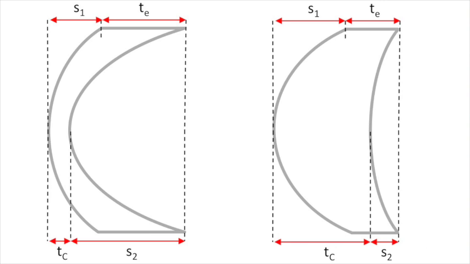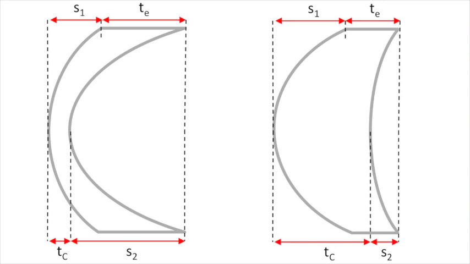But if you look, we can see the relationship between the sag of the front surface and the sag of the back surface, and the edge thickness and the center thickness. So I've labeled those four distances on each of these two lenses, and what you should see is that the front surface sag, S1, plus the edge thickness, TE, is equal to the back surface sag, S2, plus the center thickness, TC.